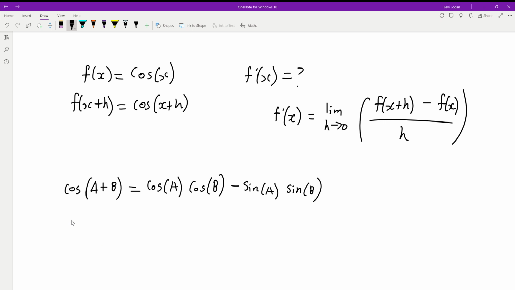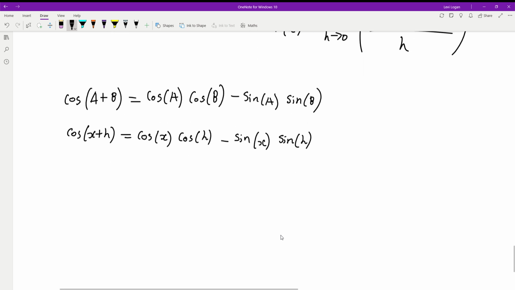Okay, so that means cos of x plus h is equal to cos of x times cos of h minus sine of x multiplied by sine of h.